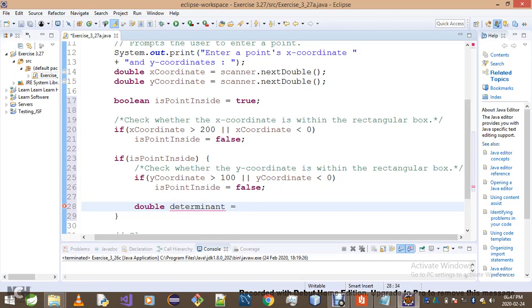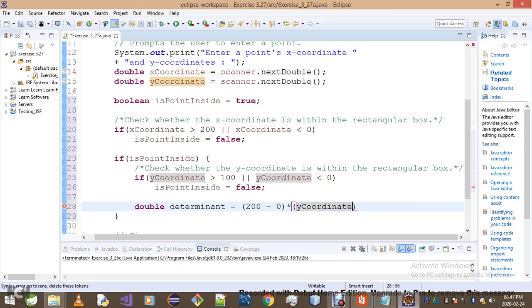Okay, let me write this down and then I'll explain it in a moment. I'll simply give a formula in a moment.